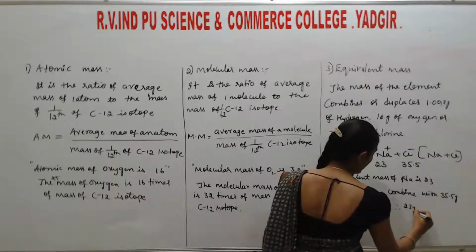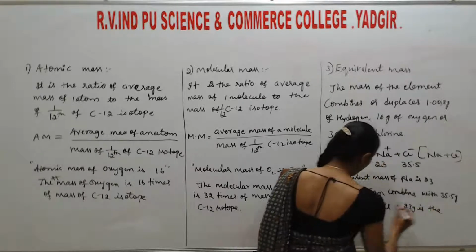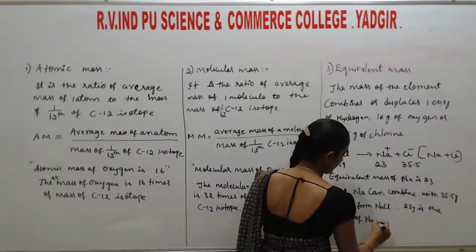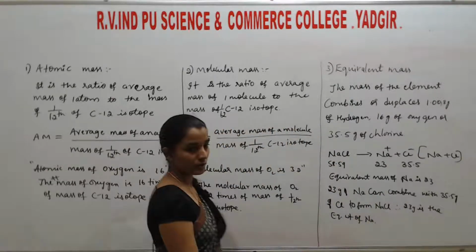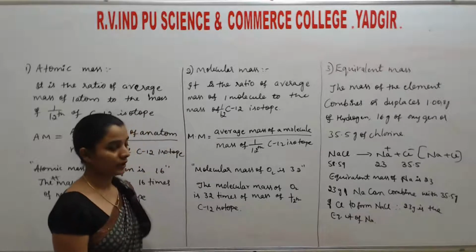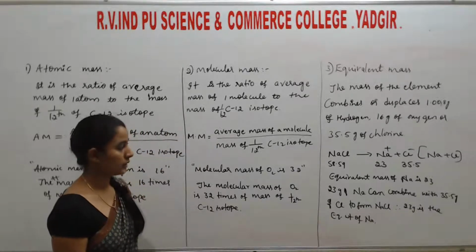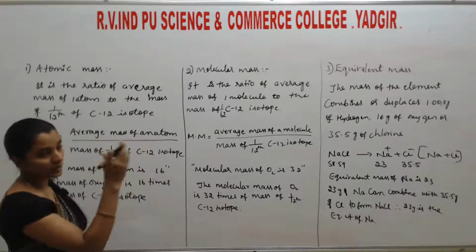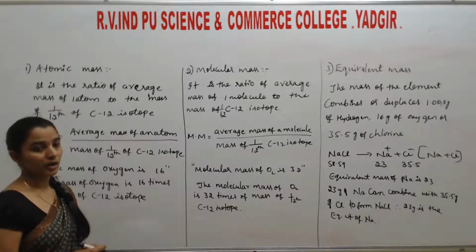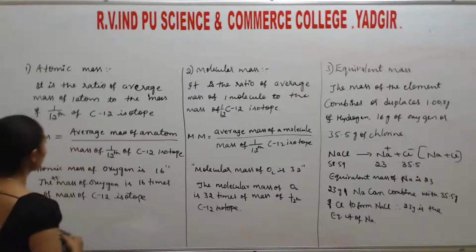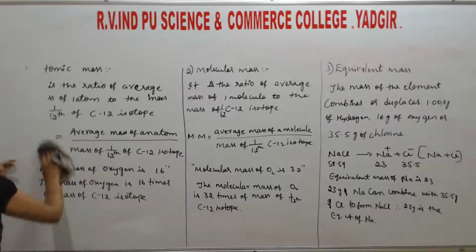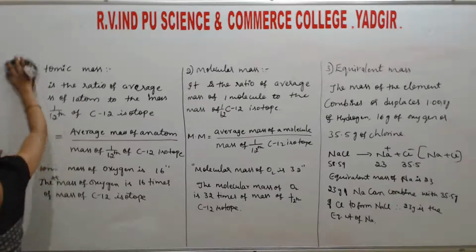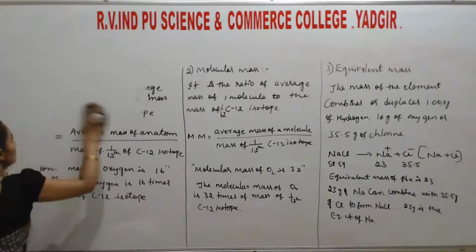Therefore, 23 gram is the equivalent weight of sodium. Okay, students. Any doubts in this? This is atomic mass, that is molecular mass, and that one is equivalent mass. I hope you understood. So now we will see how to calculate molecular mass.